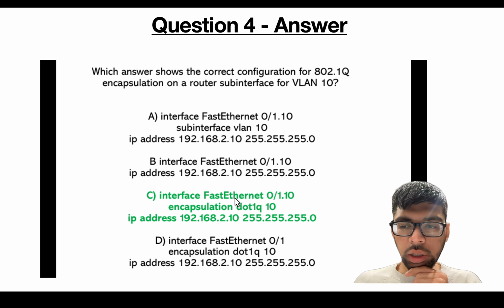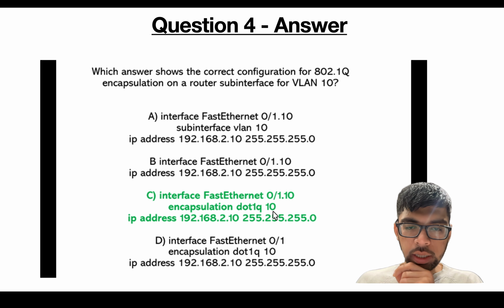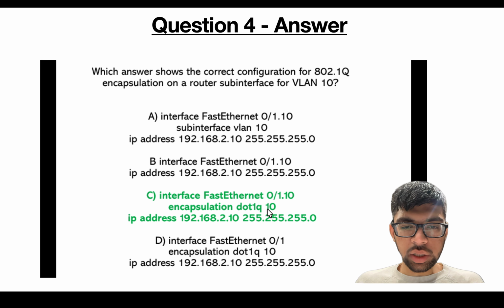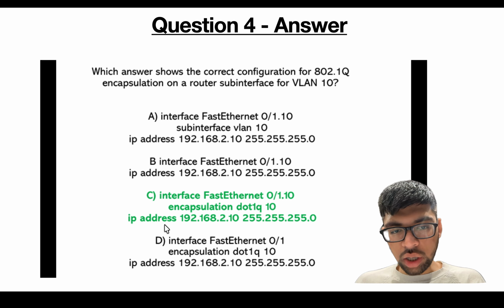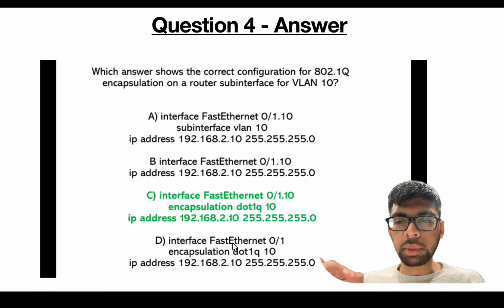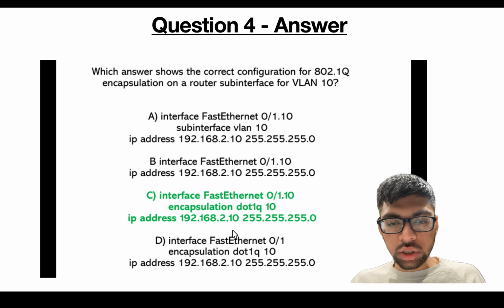So interface, then you specify the interface and the subinterface, then encapsulation dot1q 10, specifying that VLAN there, and then the IP address. You type in ip address, then write out the IP address, and then the subnet mask in DDN, that's dotted decimal notation. This is the only answer that had all those three completely.